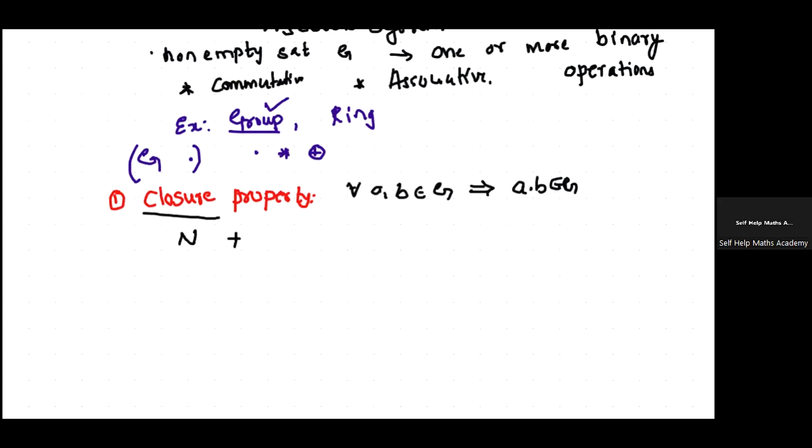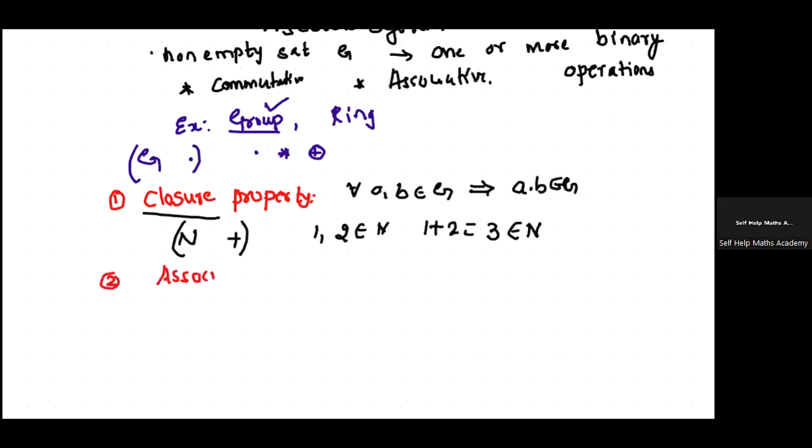If I take any two natural numbers, say 1 and 2 belonging to N, then 1 plus 2 equals 3, which is again a natural number belonging to N. This implies the natural number set under addition satisfies the closure property.